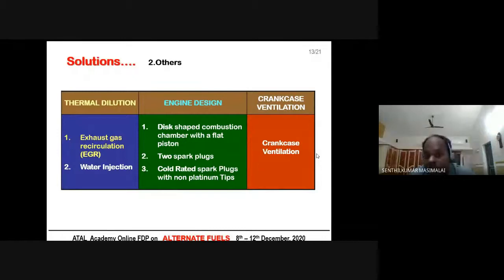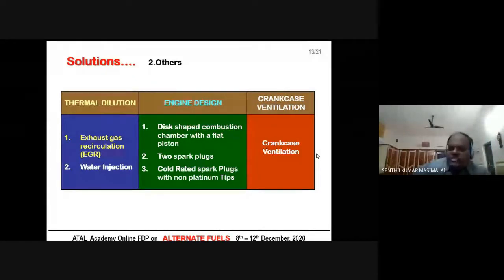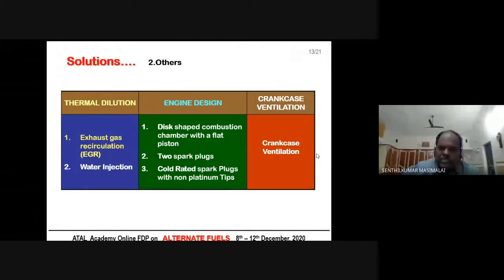So this will have hydrocarbon emission. On the other hand, through the breather plug, the fresh charge can be admitted into the intake manifold. This is called positive crankcase ventilation. In our hydrogen fueled engine, this crankcase ventilation is very, very important. Otherwise, you will have dangerous effects.